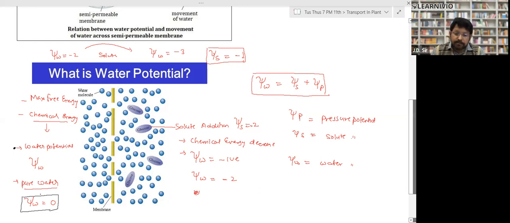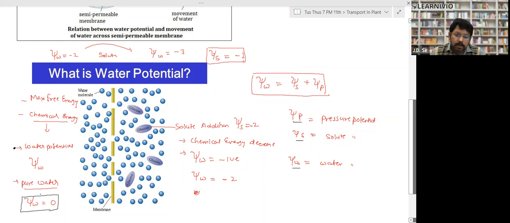The maximum free energy of water is called water potential. When we add a solute, the free energy of water decreases, or water potential decreases. We call it solute potential, right? Now there is a formula. Water potential is equal to solute potential plus pressure potential. Solute potential is represented by psi s, water potential by psi w, and pressure potential by psi p, right?